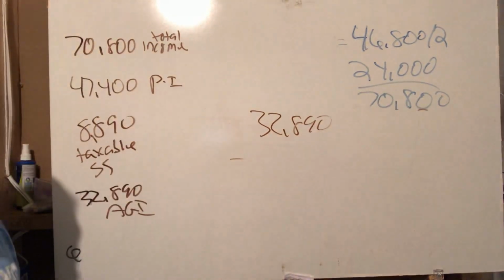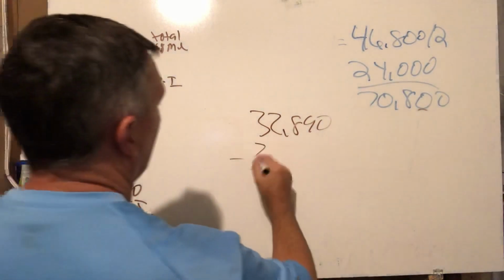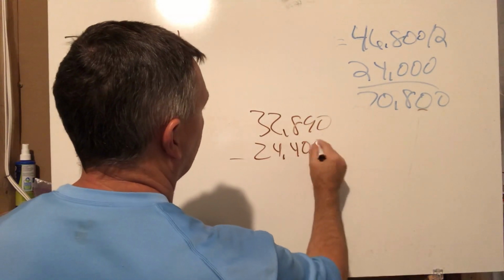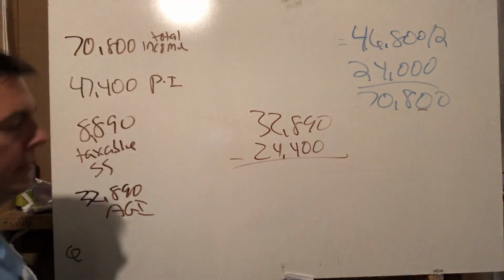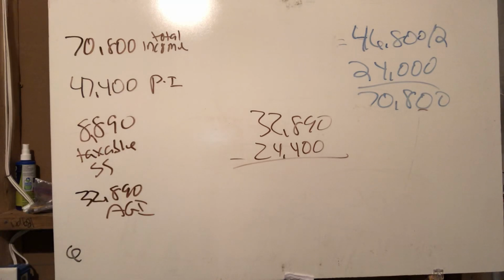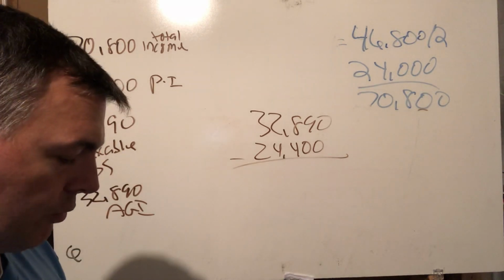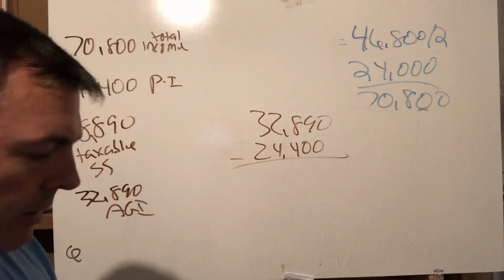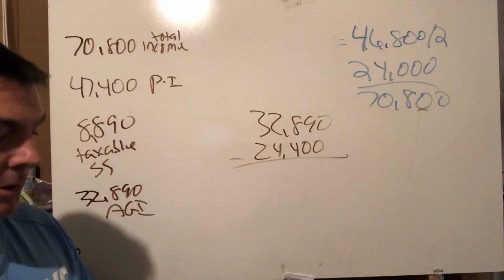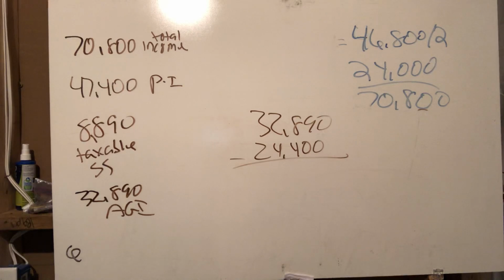So we got 32,890. And we'll just have 24,400, I think, as a standard deduction because they're both under the age of 65. I don't know what that is, so I need my trusty calculator. 32,890 minus 24,400 is 8,490.